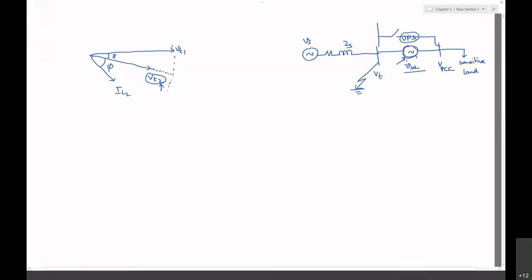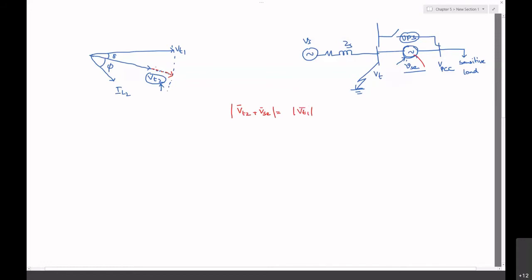This is the voltage which is going to be corrected by this device. Now the VT2 plus the series voltage, which adds to this voltage, makes the magnitude equal to VT1.